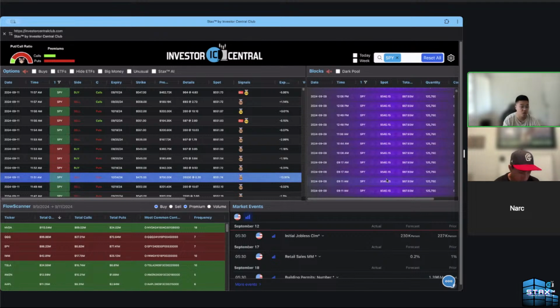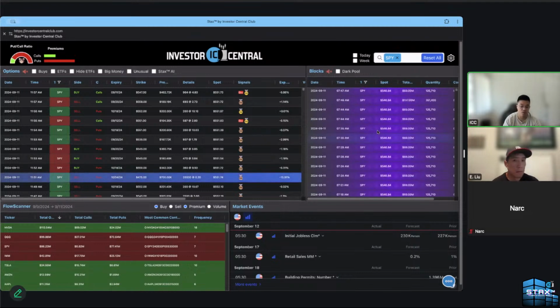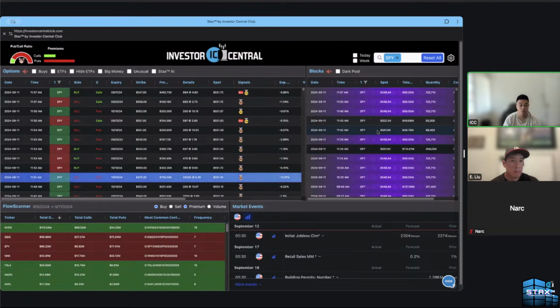Institutions have been doing something around these levels, so let's expect something. Then we can dive deeper into gamma squeezes and whatnot towards those actual levels. But when you have this much capital in one specific price point, you can bet there's going to be some level of volatility, a push break below or a bounce break above.